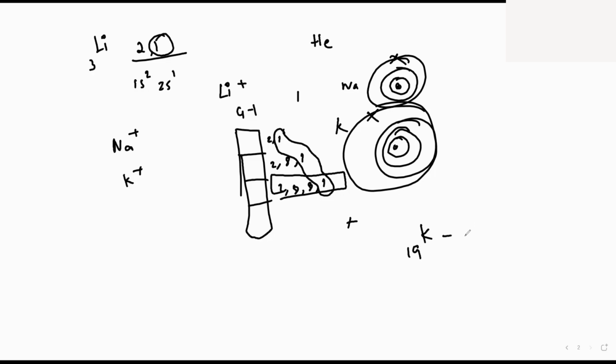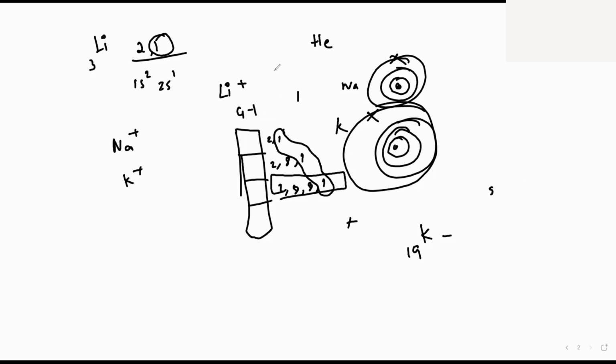Okay, so first I have 1s, where there's two. Wait, I need to draw this out. Yes, write it down and tell me the answer. It's also fine. So 1s2, 2s2, and then after that is 2p6. Oh my God, why did I start with p? Anyways, 2s2, 2p6.